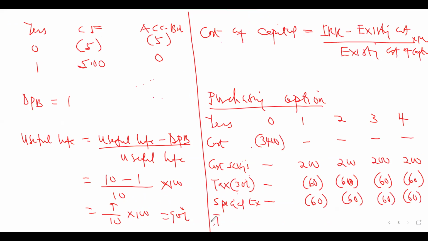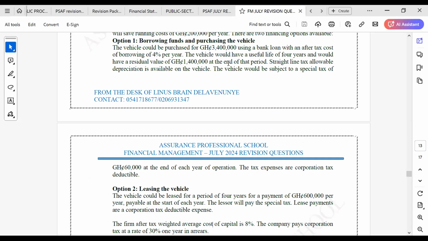Let's go to the tax benefit on the capital allowance. So let's go here and have the tax benefit on the capital allowance. Okay. So they say the straight line tax allowable depreciation is available on the vehicle. So we are going to be looking at how we calculate the tax benefits.